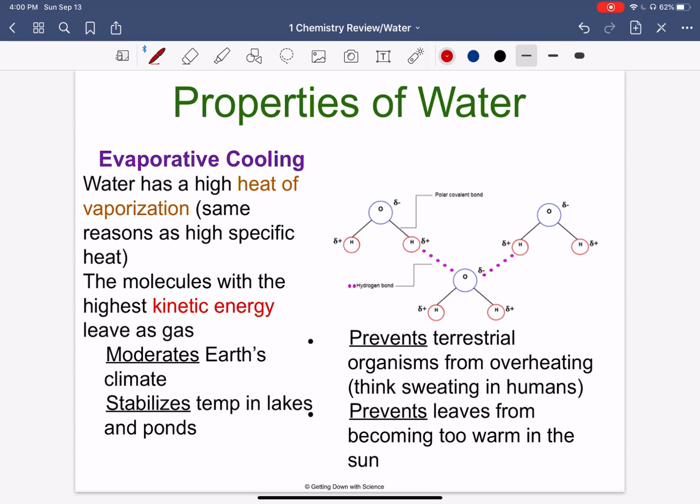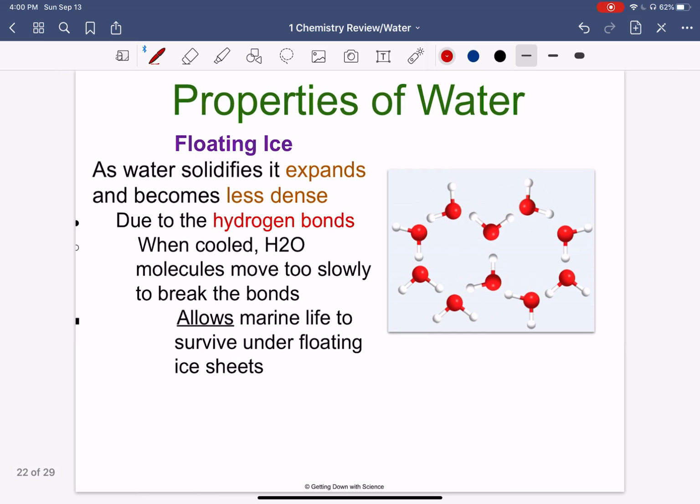If you are swimming in a pool, or especially if it's a small body of water, that can change temperature. It can actually cool off pretty quickly, even if it's hot outside. So the more evaporation that's happening, the more energy that you're losing to the external environment.